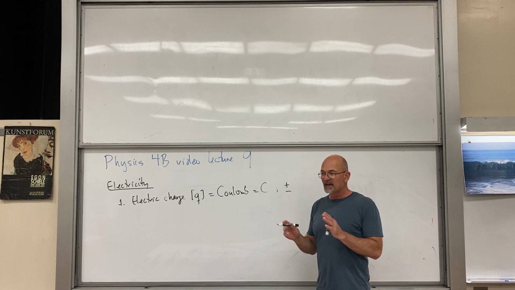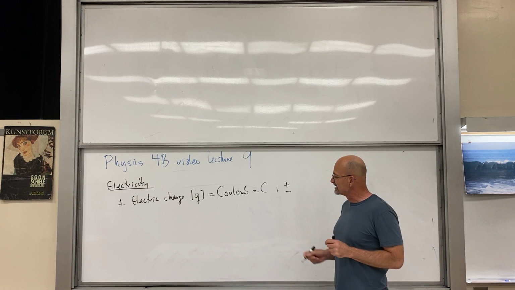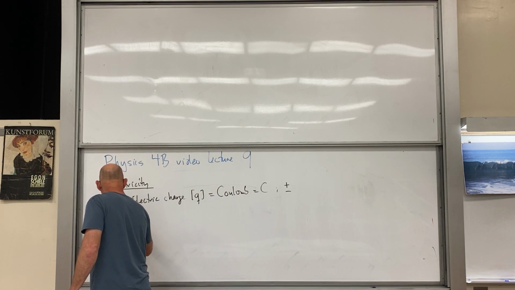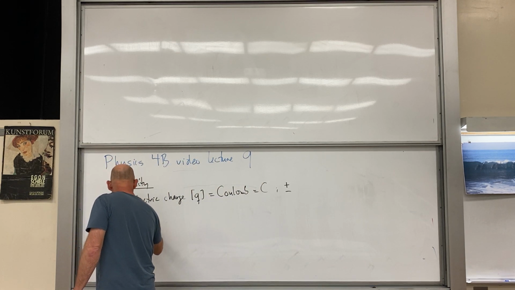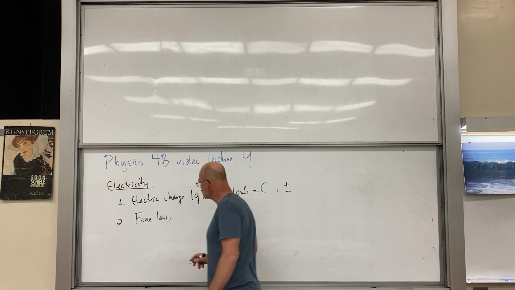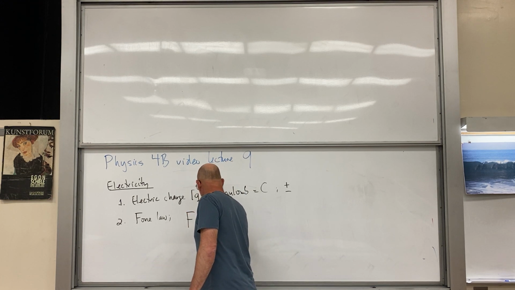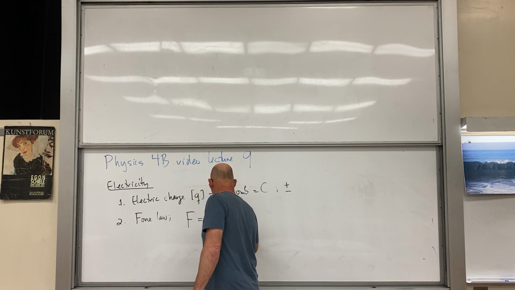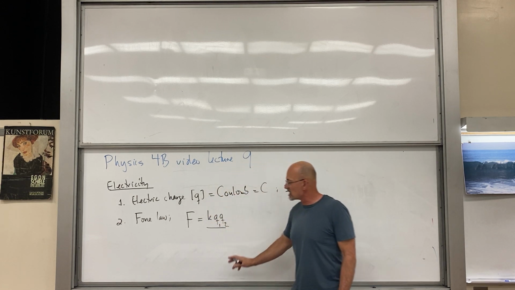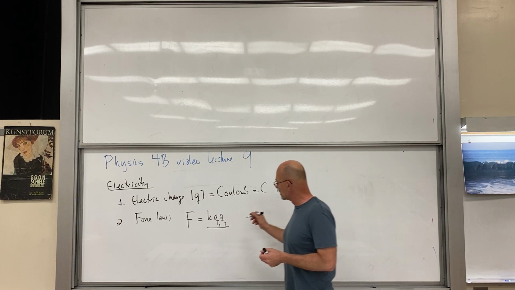So we have the law that like charges repel, unlike charges attract, and there is this force law due to Coulomb. Coulomb's law is that force is proportional to the product of the two charges, and in this case we're talking about point charges for the moment, and elementary charges are basically point charges.